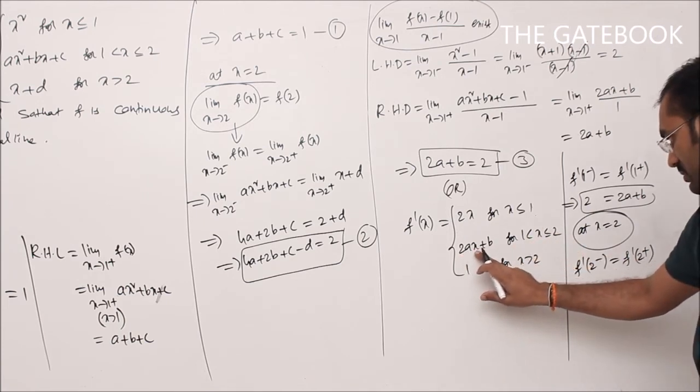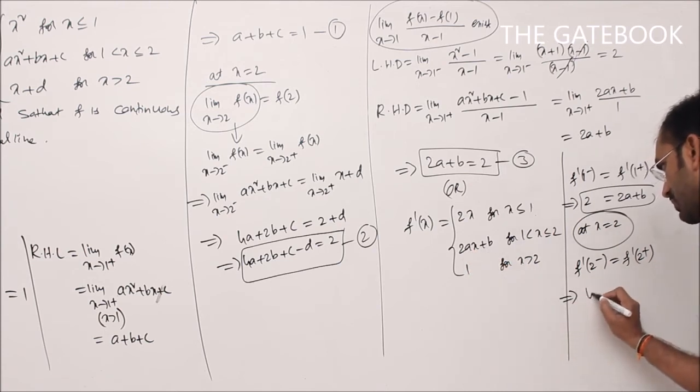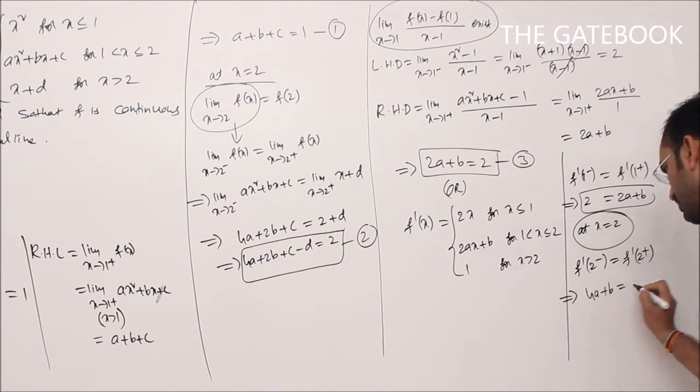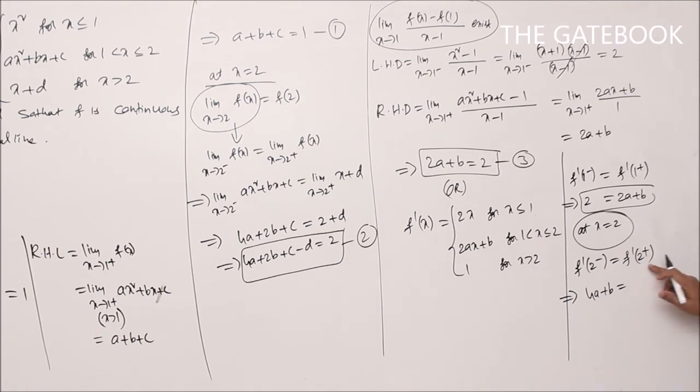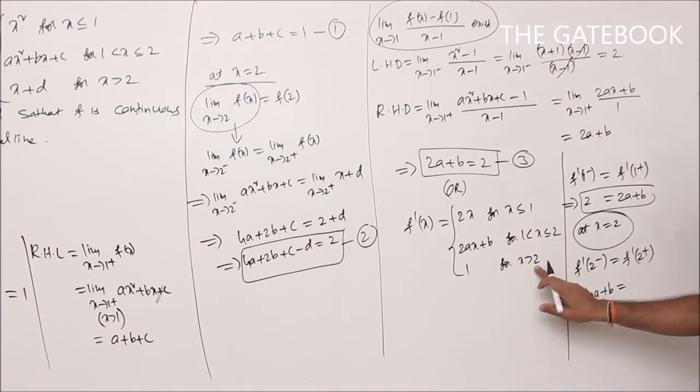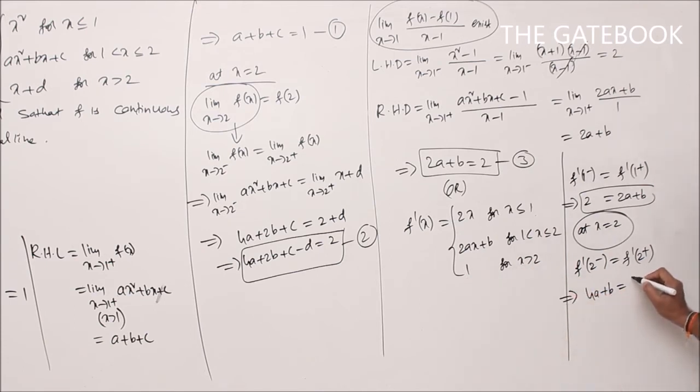Replacing x with 2 we get 4a plus b must be equal to f dash of 2 plus, the right hand derivative. So 2 plus means when x greater than 2, the corresponding function is 1. So 4a plus b is equal to 1. So that is equation 4.